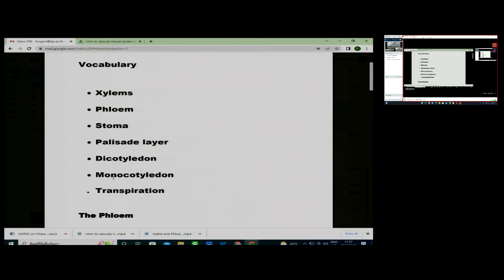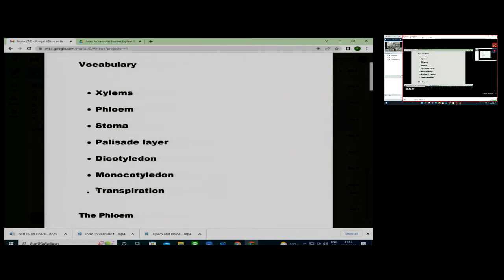Right, the difference between the two: mono means one, okay? So it means that that part has got one xylem and one phloem together. Then dico means there are many, okay? Two or many xylems and phloem. That's the difference between dico and mono.